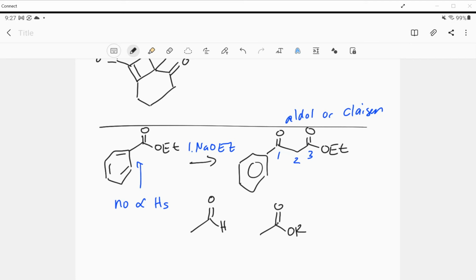Of those, which of these 2 is going to be more appropriate? Are we going to want an aldehyde here or an ester? Ester? It's going to be the ester, right? And we can tell that because we have the ester on the other side of our molecule.